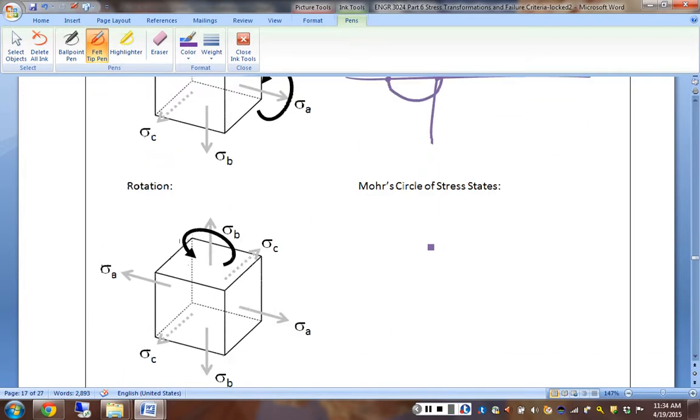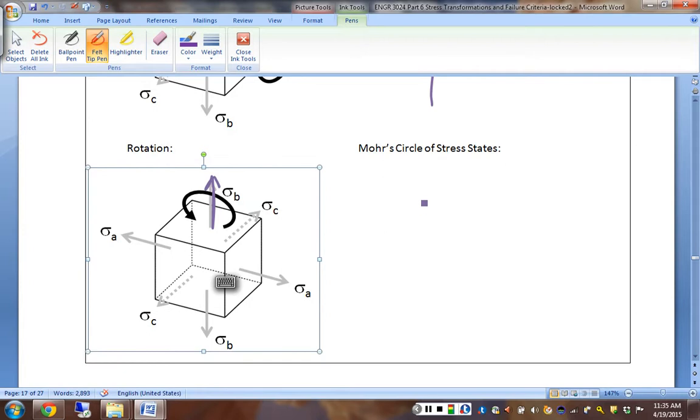Okay? Likewise, if we take the rotation to be about the B axis, we know that sigma C for this stress state is 0.